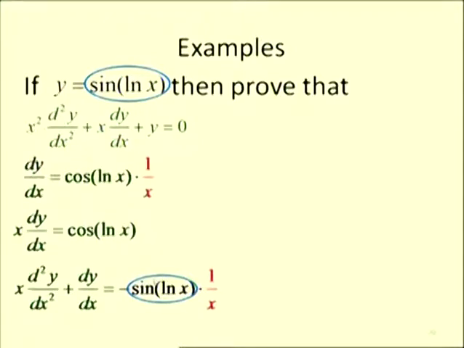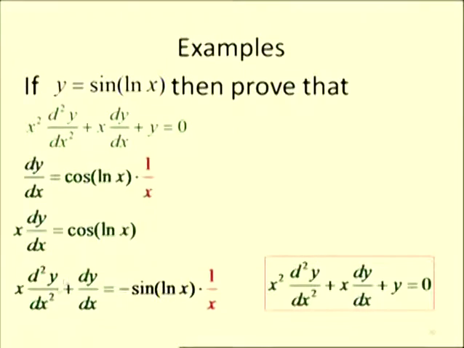So if I replace it by y and multiply the entire equation by x, we have x square d2y by dx2 plus x dy by dx plus this is actually y, but it is minus. So if we take it to the left hand side, it will become plus y is equal to 0.